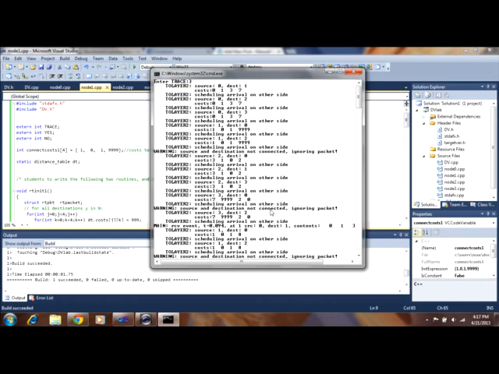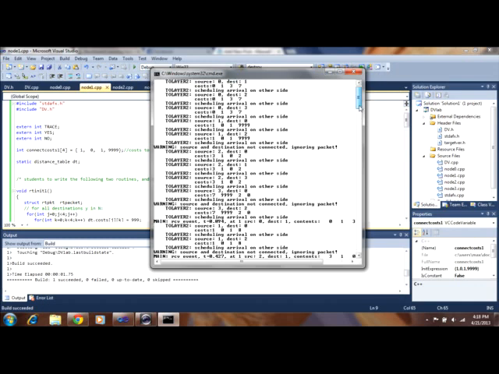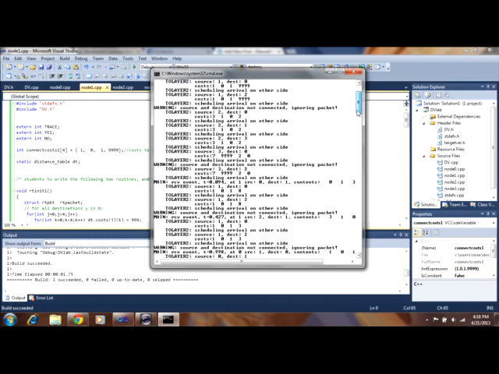So then source 2 is going to say the same thing out to 0, 1, 2, and 3 because it's connected to all of them. And source 3 is going to send out to 0 and 2 because those are the only 2 it's connected to. So now after that all happens, node 1 is going to update.